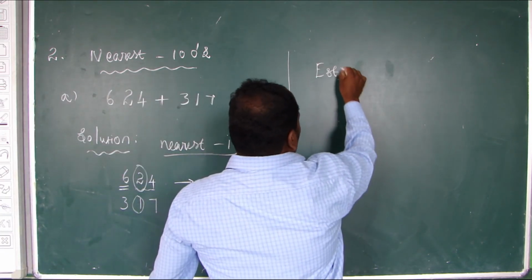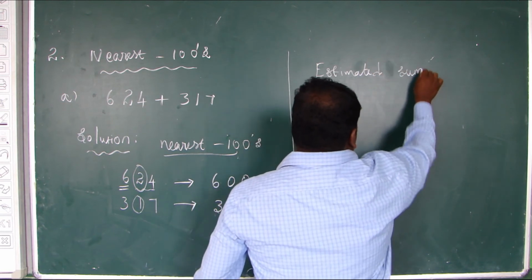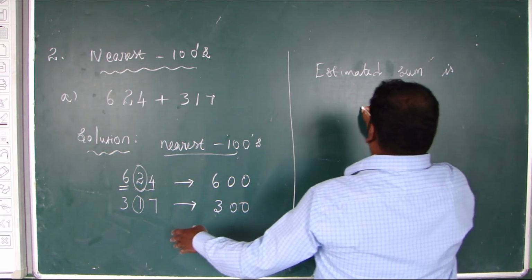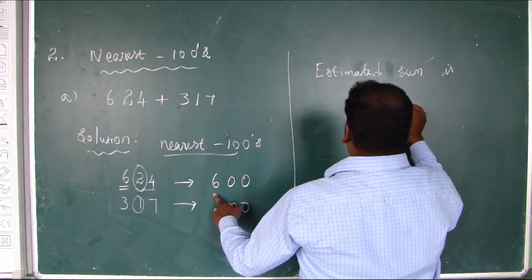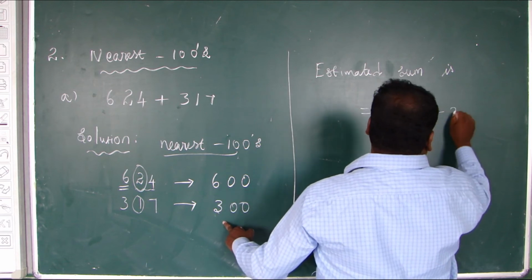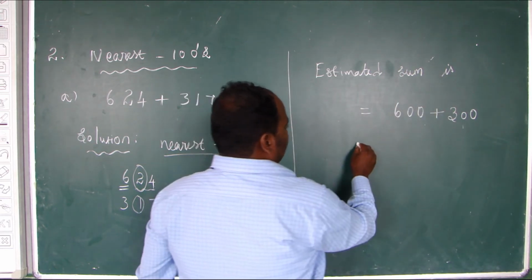Therefore, the estimated sum is equal to 600 plus 300.